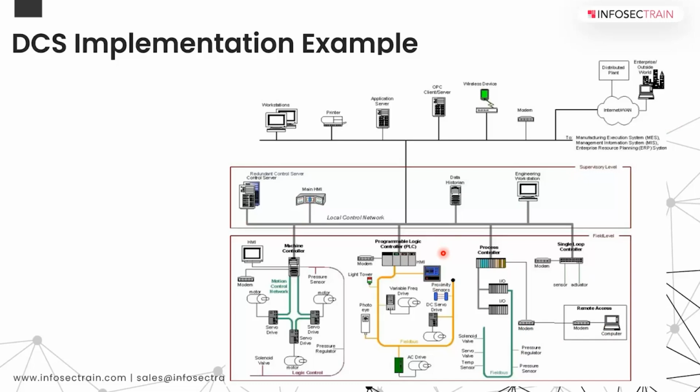So industrial communication protocols like Modbus or Fieldbus are used, and it depends upon the hardware or the control system vendor and so on. Because Fieldbus and Modbus are open now, but originally, especially Modbus, was a proprietary protocol. Then it was made open, and this is how a general DCS is implemented.